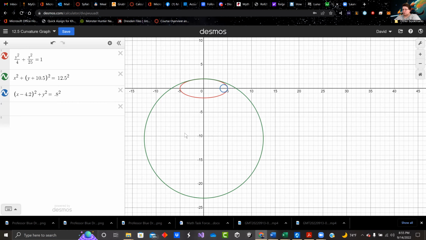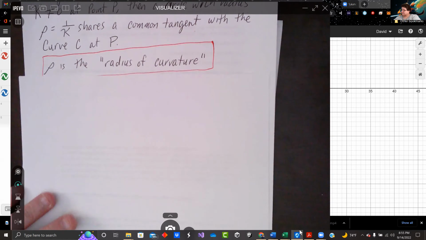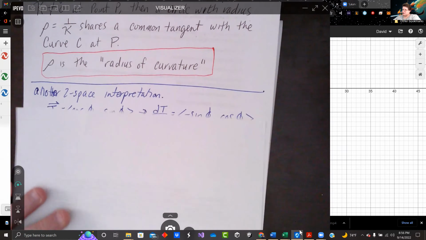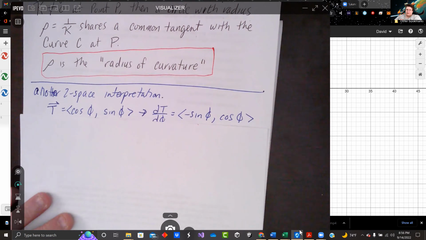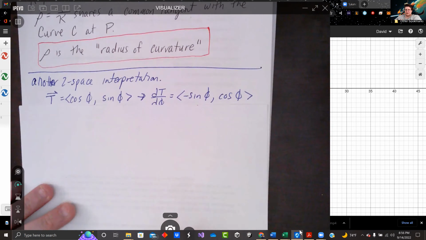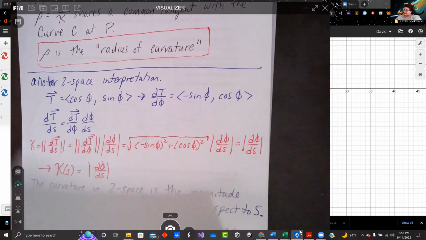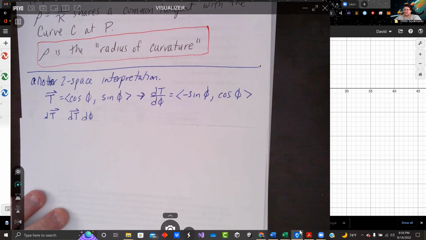There is a little bit more we can interpret this as. Let me bring my viewer back up. So there's another 2-space interpretation. If we treat tangent as cosine phi, sine phi, that makes dT, the derivative of the tangent with respect to phi, negative sine phi, cosine phi.